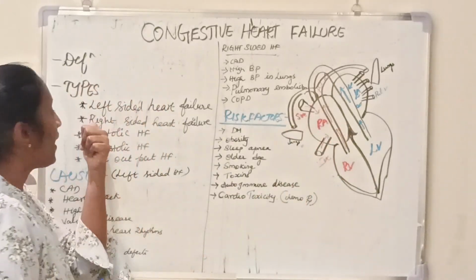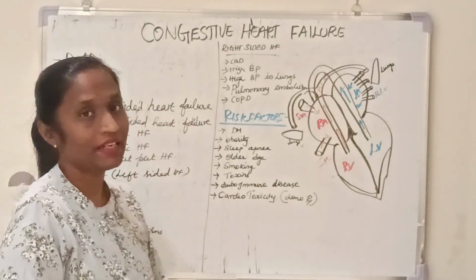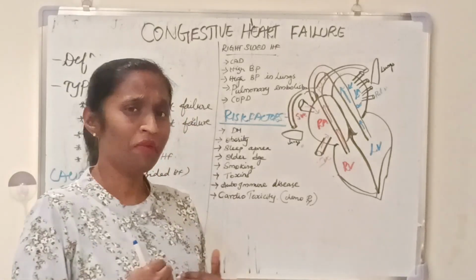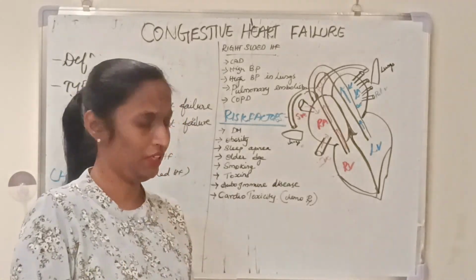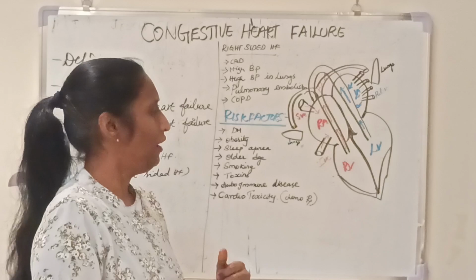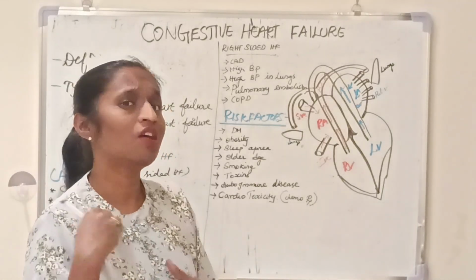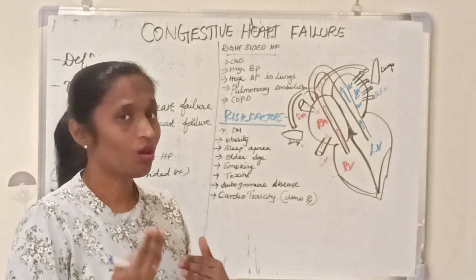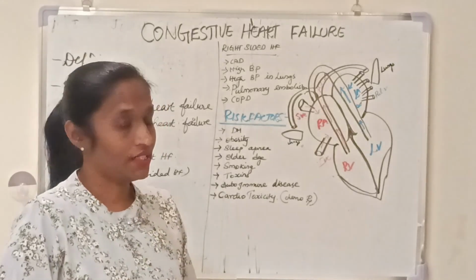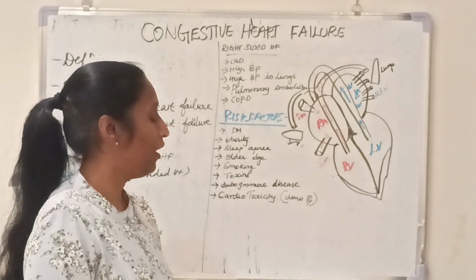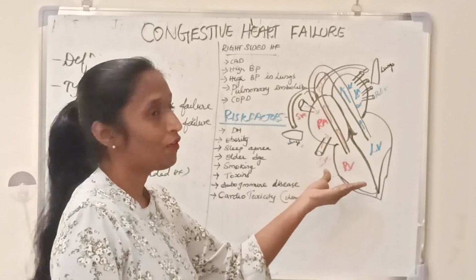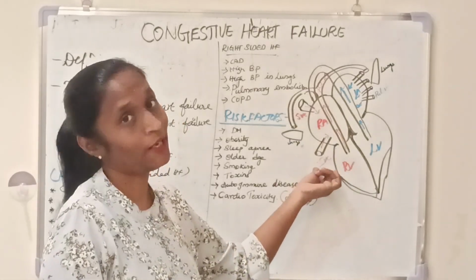In a right-sided heart failure, it may happen due to left-sided heart failure also, or due to other causes outside the heart, like pulmonary causes. It leads to a decrease in the ejection of the blood from the right side of the heart.